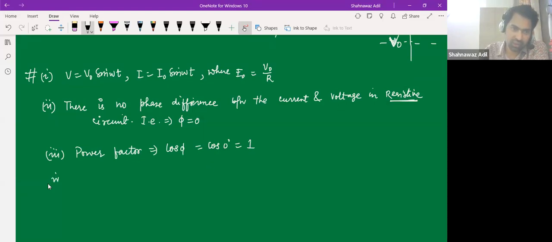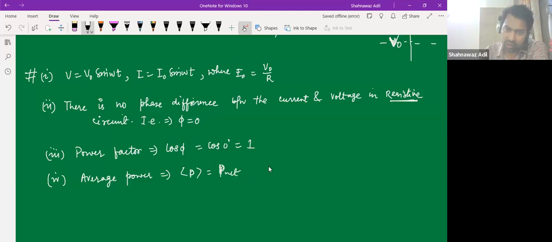And then fourth one is the average power. Average power is how much? So this is P bar, or this is also called P net. Okay. This is VRMS, IRMS, and cos of phi.